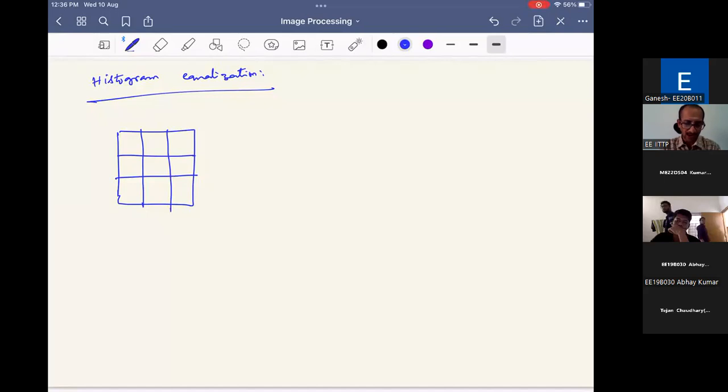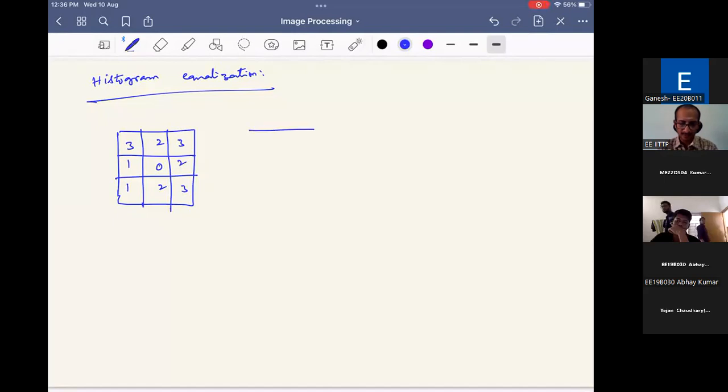How do we do that? Let the intensities be like this. Assume these are the intensities for a 3x3 image patch. How many bits do you think are required to represent these intensities?